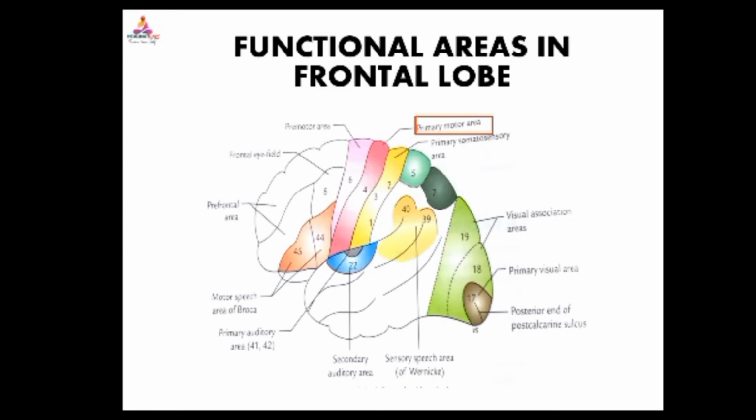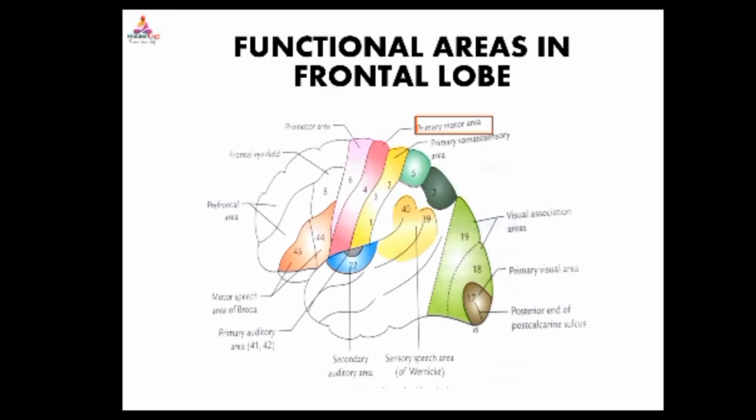Primary motor area is located in the precentral gyrus on the superolateral surface and extends to the anterior part of the paracentral lobule on the medial surface of the cerebral hemisphere. It contains a large number of pyramidal cells, including giant pyramidal cells.